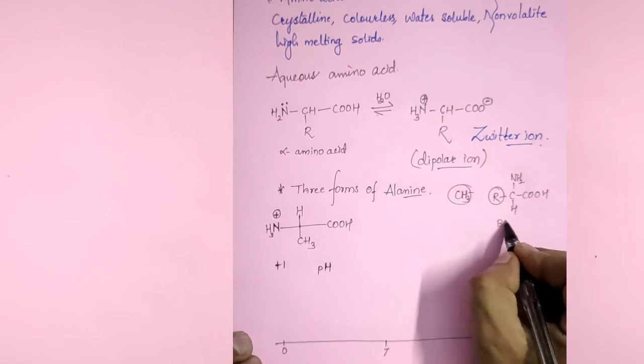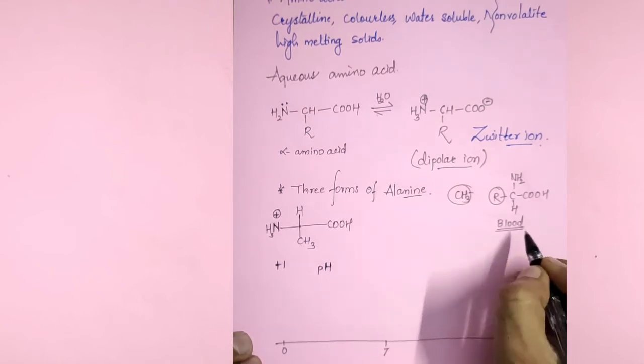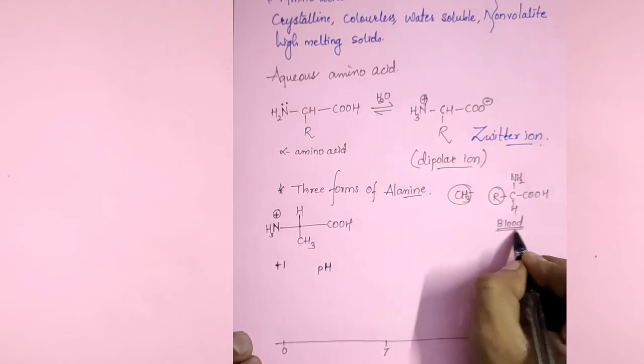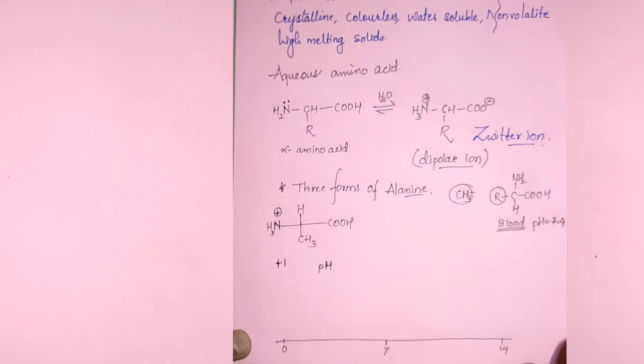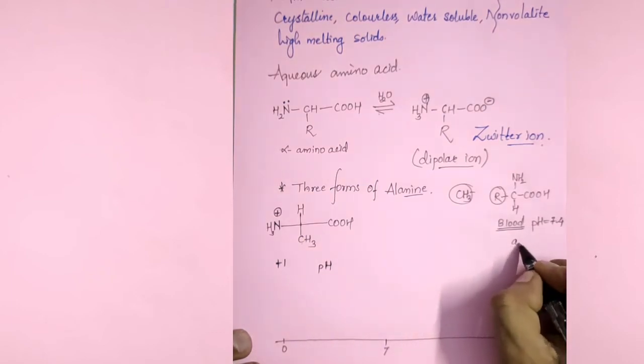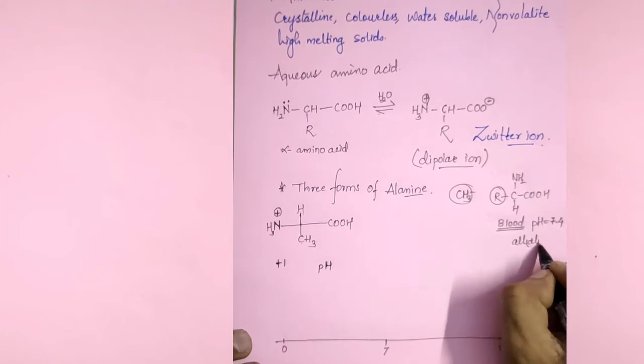Say for example, blood. Human body blood has a pH 7.4. For some reason, the blood comes out from our mouth, from the gums. So we have already tested our blood, that our blood is slightly alkaline in nature, slightly salty taste.